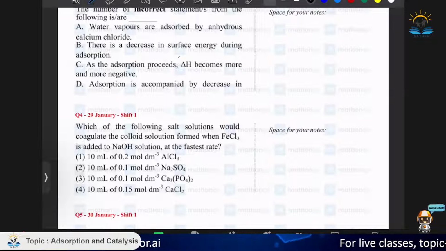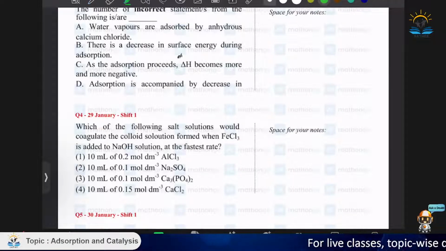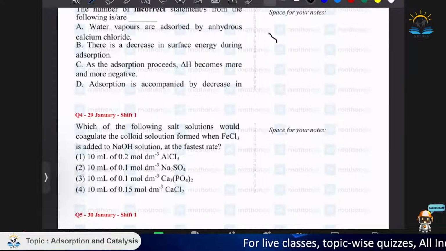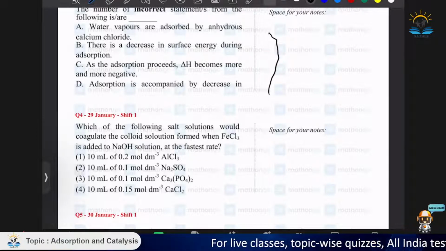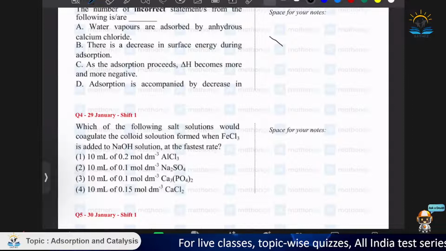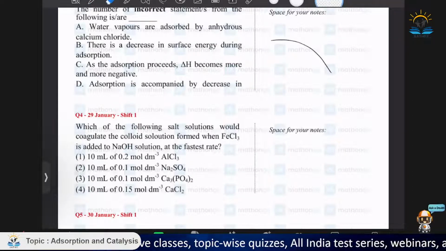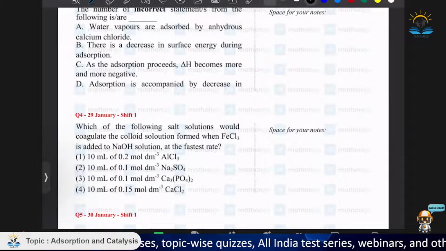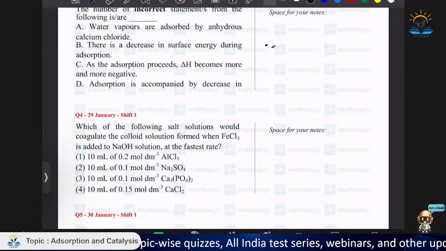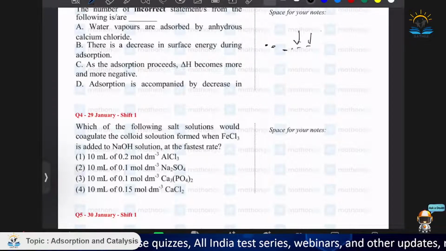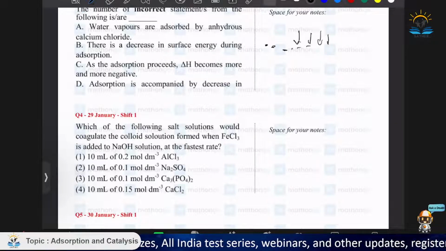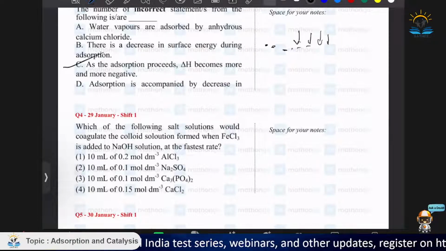If they are saying enthalpy change is becoming negative, which means they are implying that the enthalpy is steeply declining, something like this. I don't think that if you start adsorption once, that it will facilitate more and more adsorption. I don't think that happens. So I will go with C.